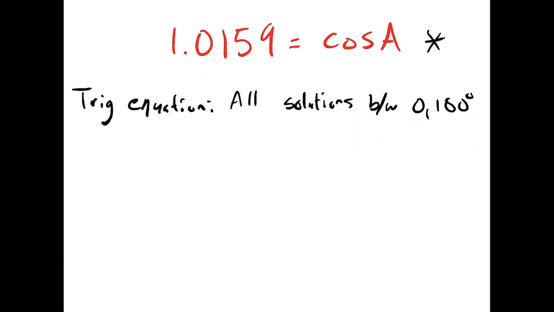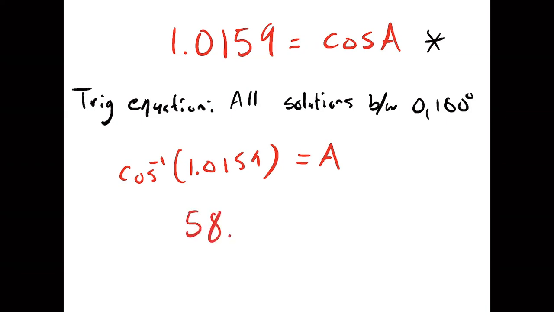So let's go ahead and take cosine inverse of this. So finding one solution, we'll take cosine inverse of 1.0159. This is equal to A. And plugging this into a calculator, we'll get that this is about equal to 58.2 degrees here.